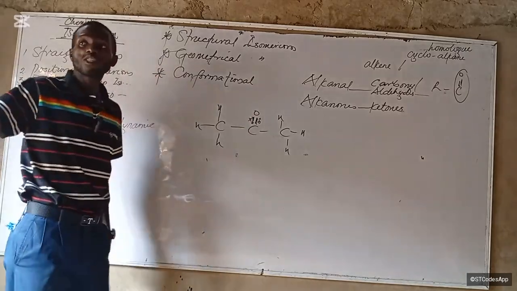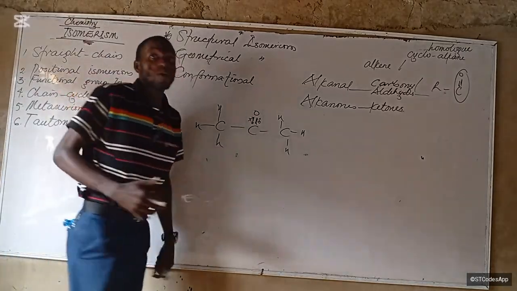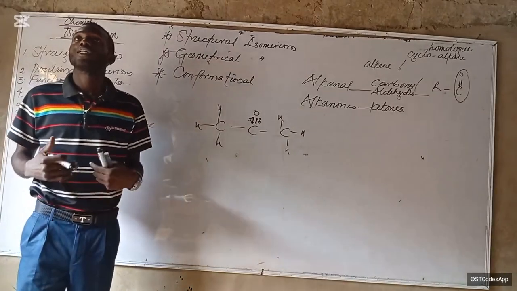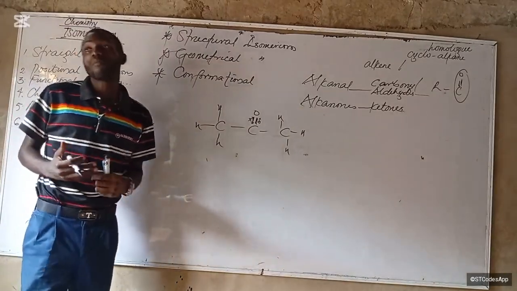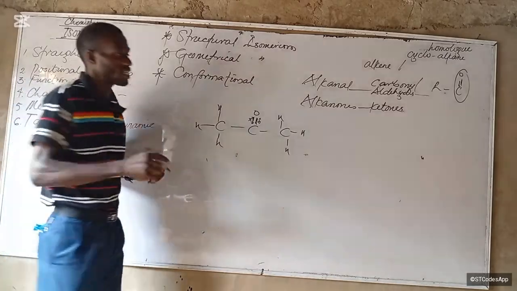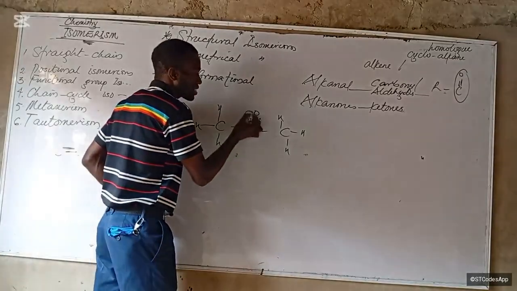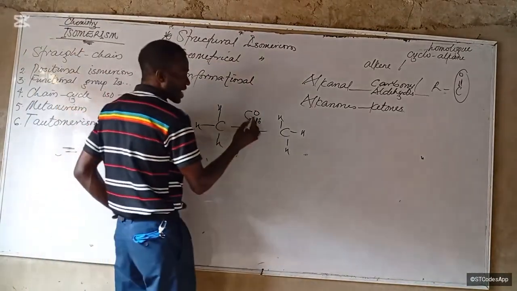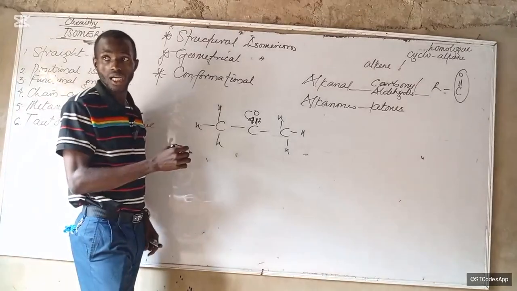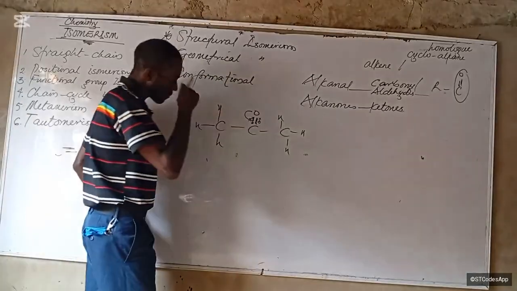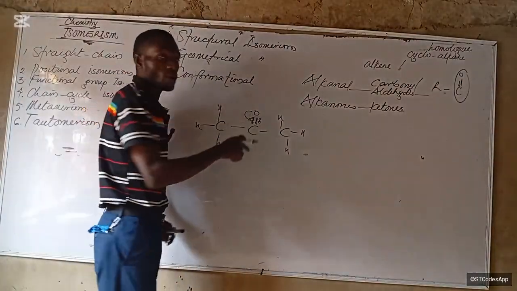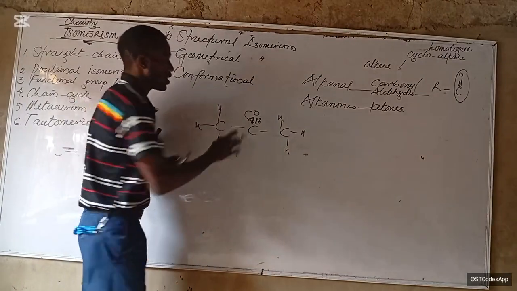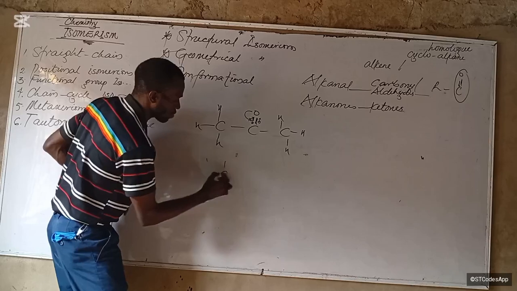So it is possible that sometimes in the presence of a reagent, these two electrons will be abstracted by this guy. Do you understand? So when this guy takes it up, the intermediate form will become something like this.